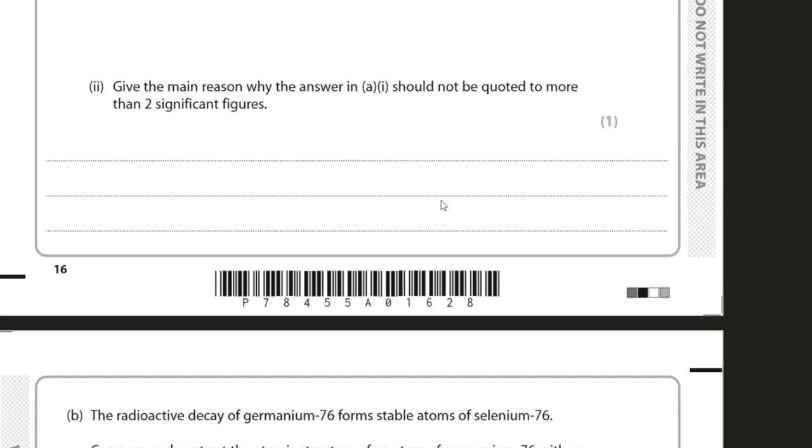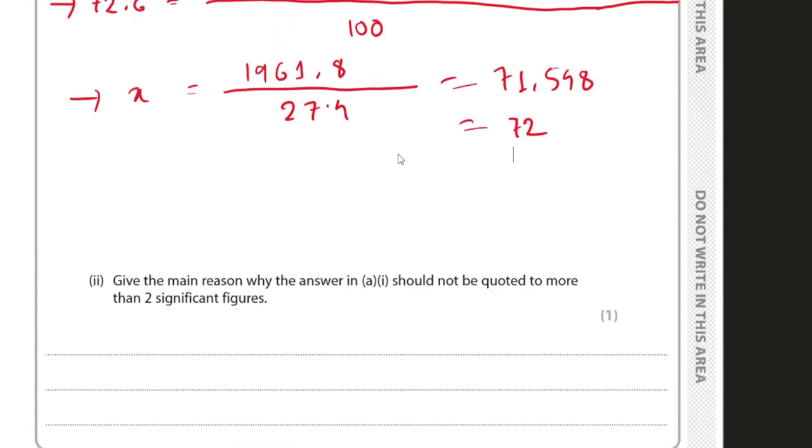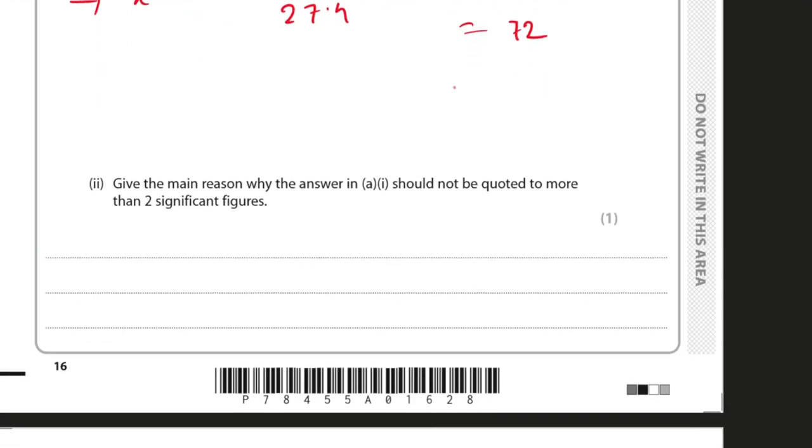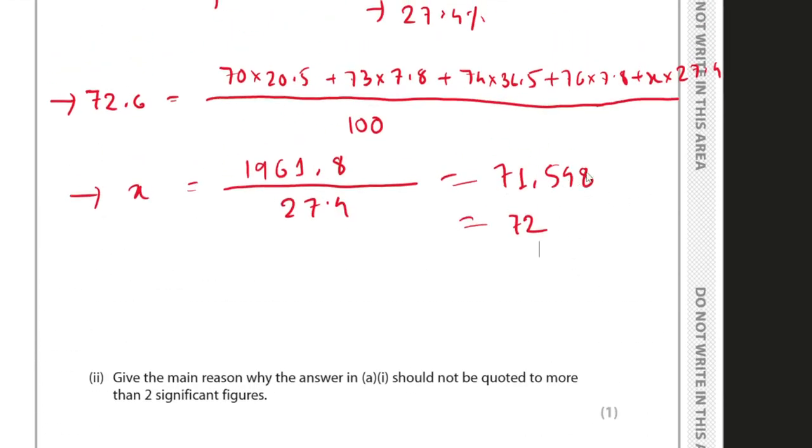Moving on, give the main reason why the answer in A1 should not be quoted to more than two significant figures. It's pretty simple. Mass numbers are not provided in decimal points. They're most likely given as an integer or a whole number. So that's why it's important that we provide the answer for the mass number to two significant figures. During our calculation we got a value with a decimal point, having more than three or four significant figures.